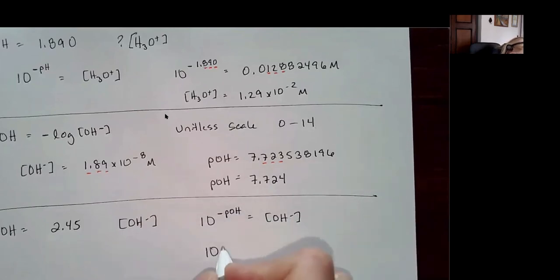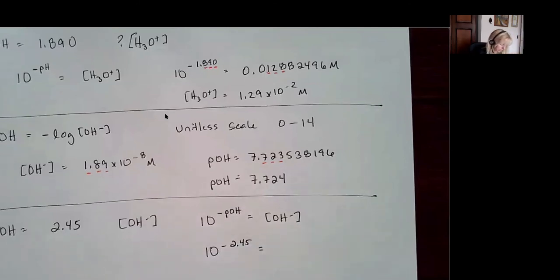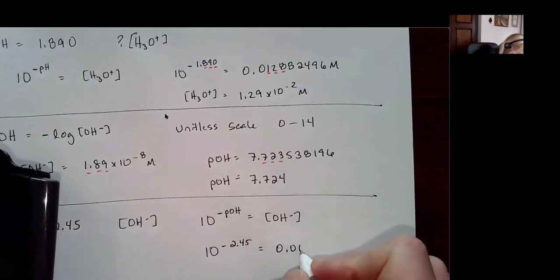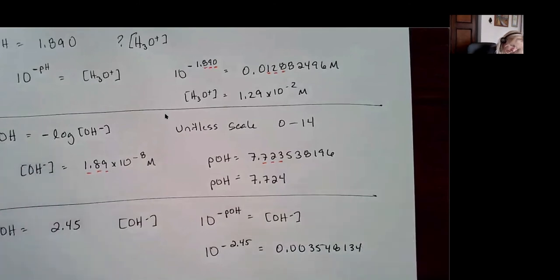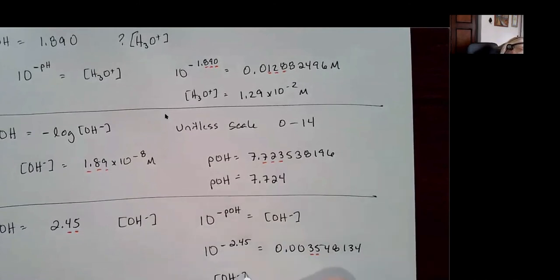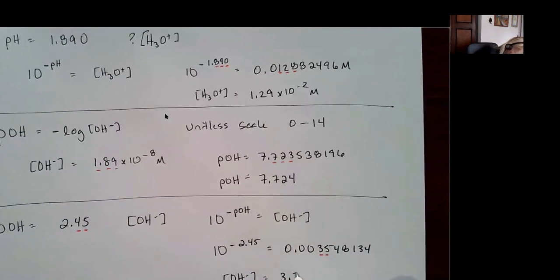So 10 to the minus 2.45 gives me that hydroxide ion concentration, and that is 0.0035484134. Now, this has 2 decimal places, so I'm going to go out 2 significant figures here. So my OH concentration would be 3.5 times 10 to the minus 3 molarity.